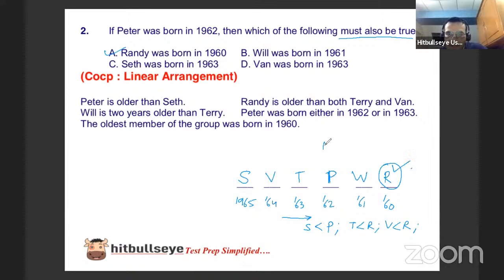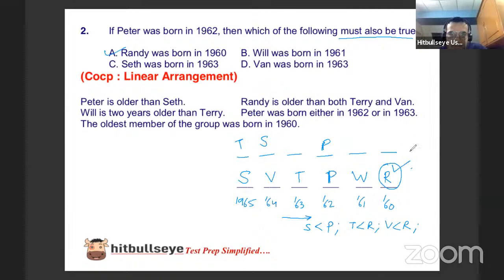P over here, 1962. And then I will start with T. I know less than P, we have S. So S will come over here.